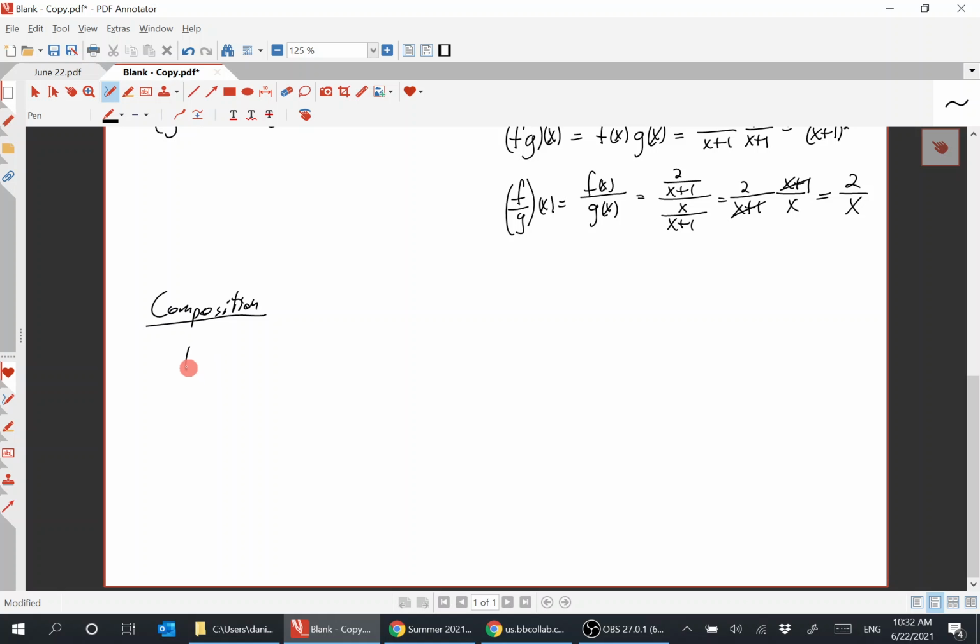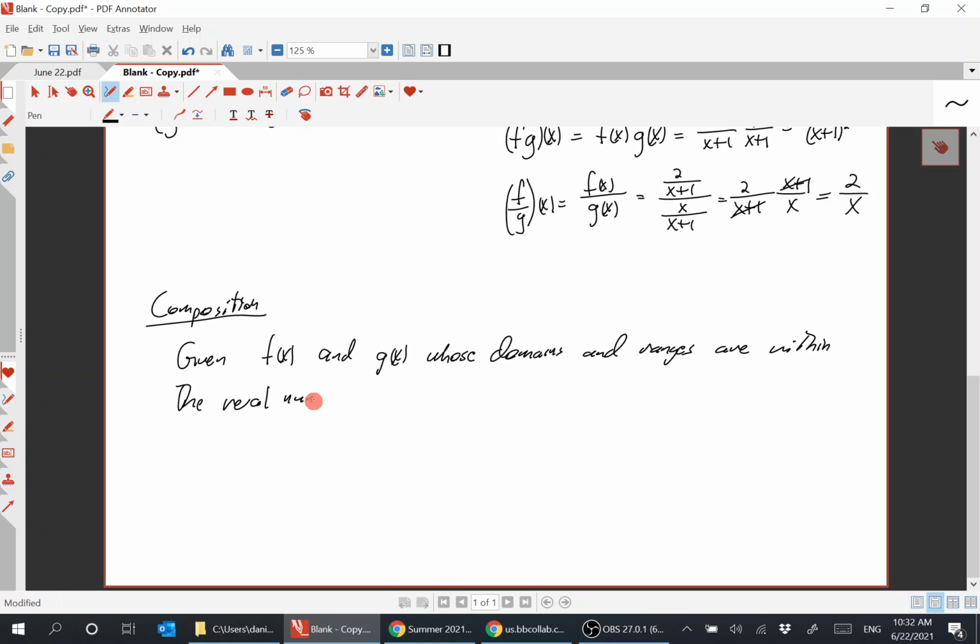Given two functions f of x and g of x whose domains and ranges are within the real numbers, we define the composition.